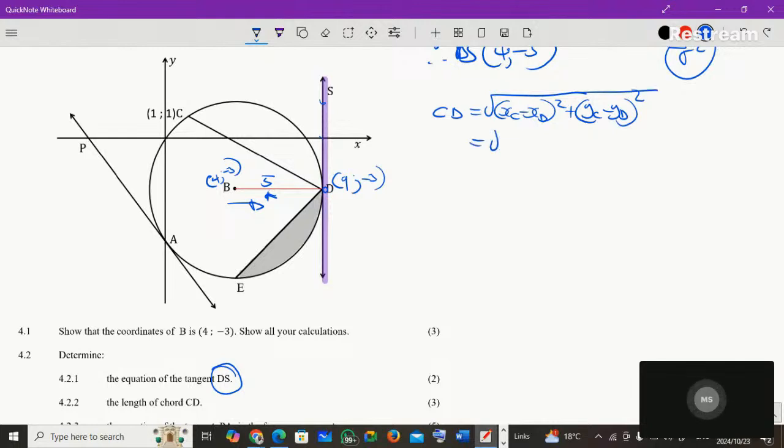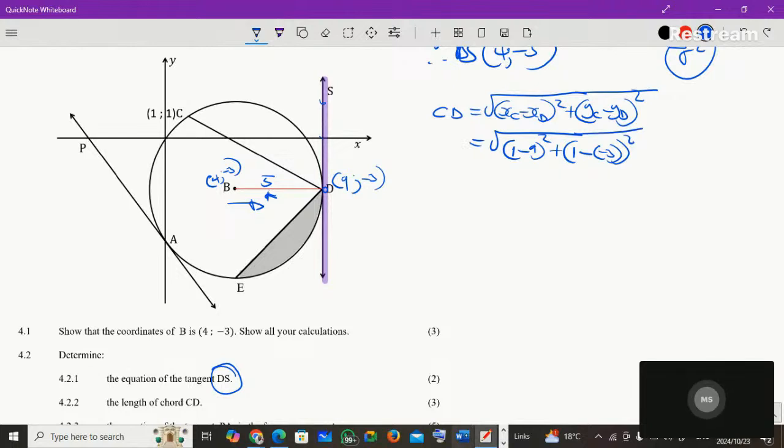Substitute: root of XC, which happens to be 1, minus 9 squared plus YC, which is 1, minus YD, which is negative 3.